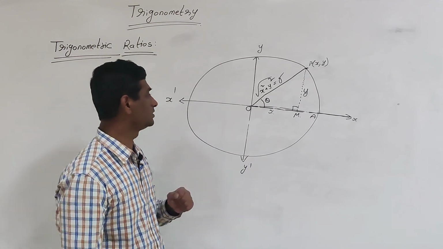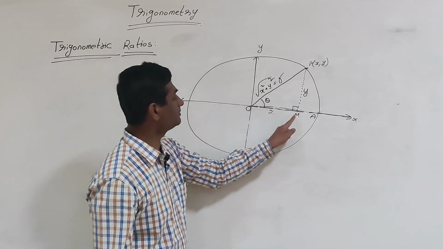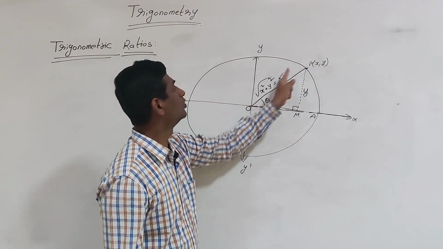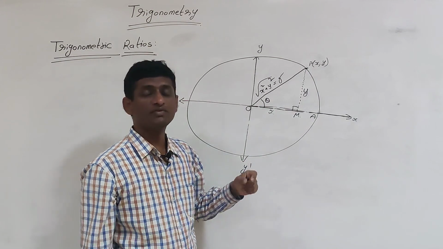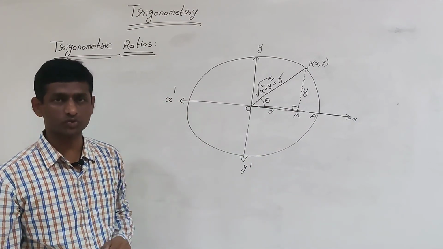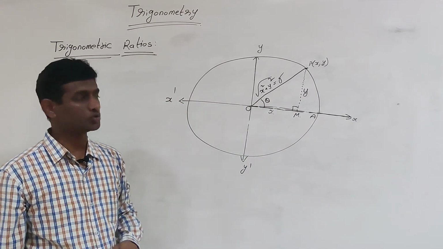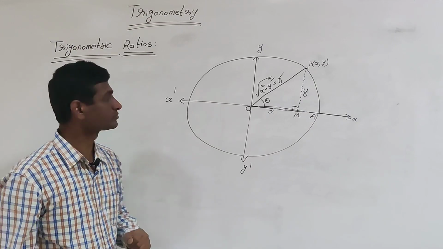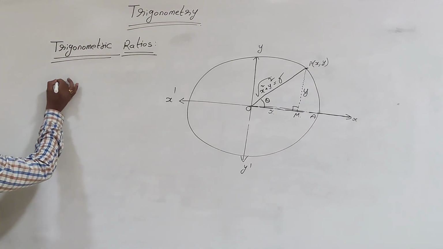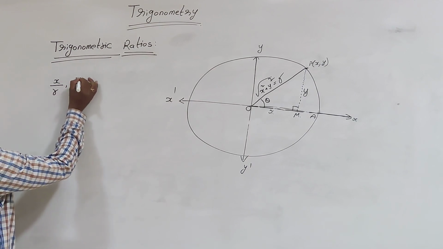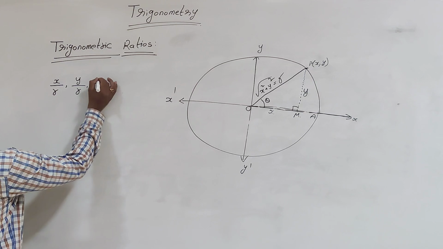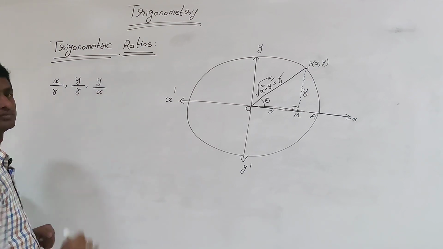Now in a right angle triangle, we can see three sides. What are the three sides? OM, MP and OP. And for this triangle, we can find the ratios of the sides. We can have x by r, y by r, y by x.